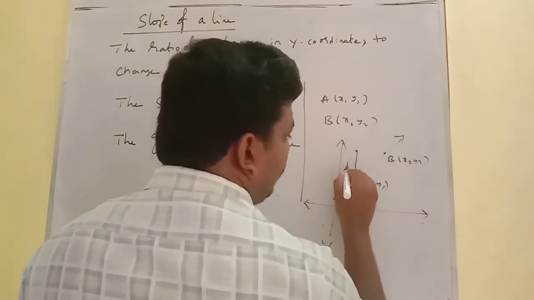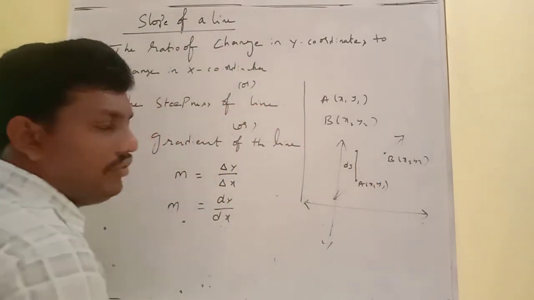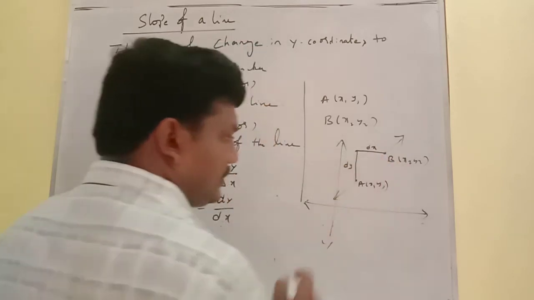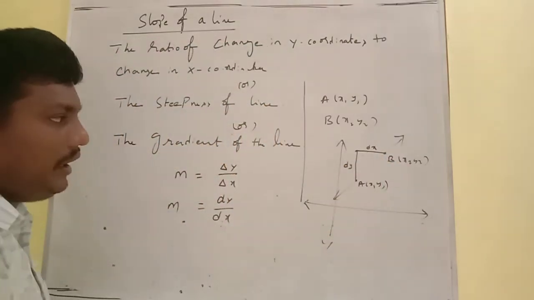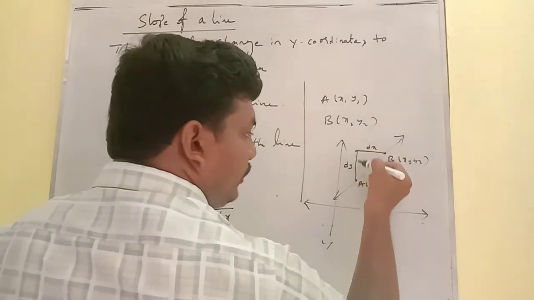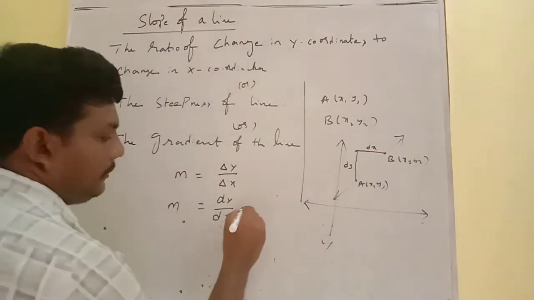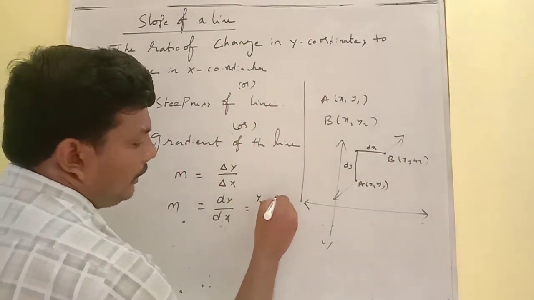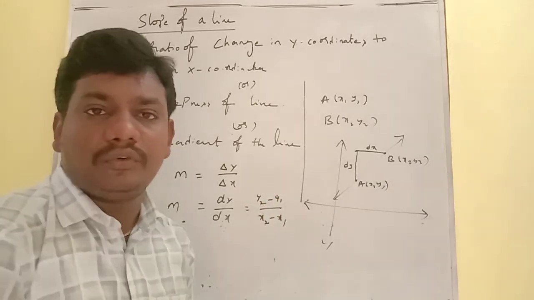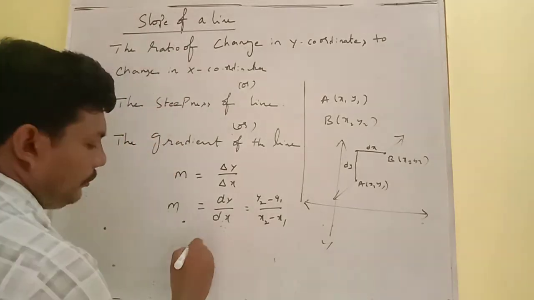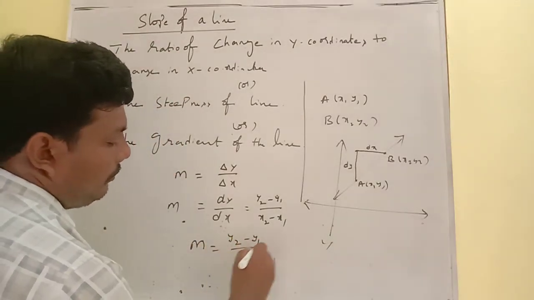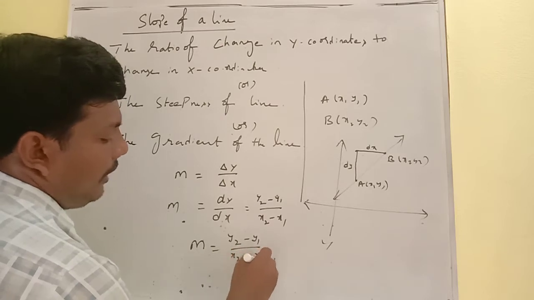This is called dy. The change in x is called dx. So dy by dx is y2 minus y1 by x2 minus x1. Therefore m, the slope, is equal to y2 minus y1 by x2 minus x1.